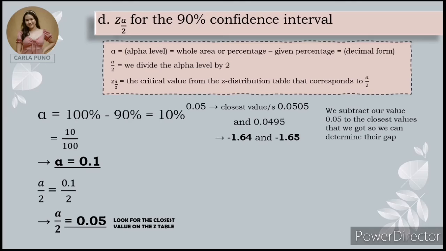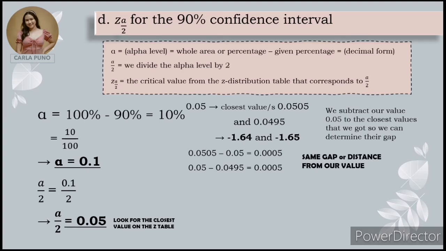We subtract our value 0.05 from the closest values that we got, so we can determine their gap. We have 0.0505 minus 0.05 equals 0.0005. And next, 0.05 minus 0.0495 equals 0.0005. As we can see, they are the same distance from our value. Therefore, we use both corresponding values to solve for z sub alpha divided by 2.